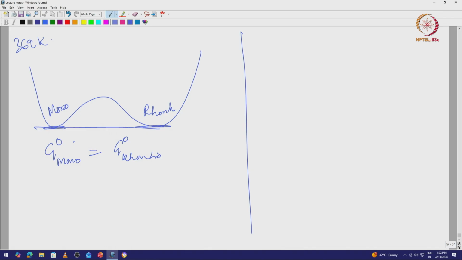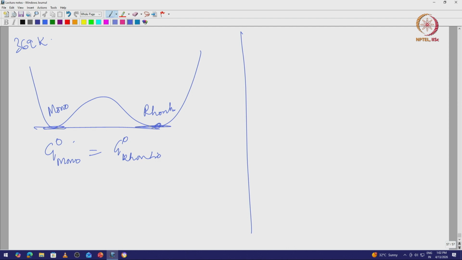The absolute values of G naught tell me what is the most globally stable state, right. If G naught of mono is really small compared to G naught of rhombo, then mono is globally stable compared to rhombo. Given enough energy to rhombo, it will go to mono, right. But if the system is in rhombo, then it will stay in rhombo, right, until you disturb it from the rhombo state.